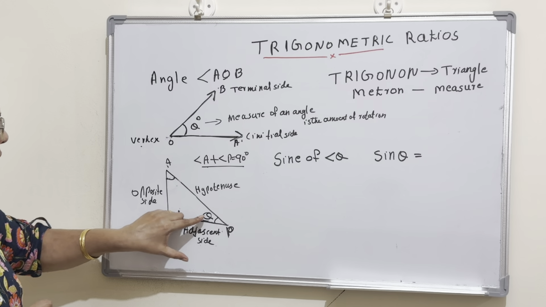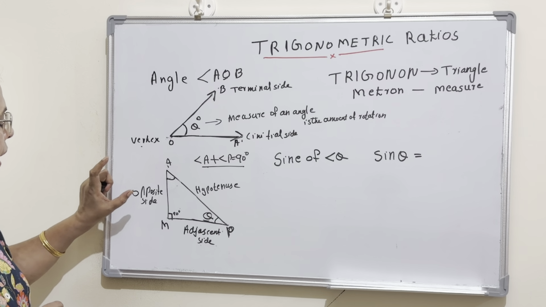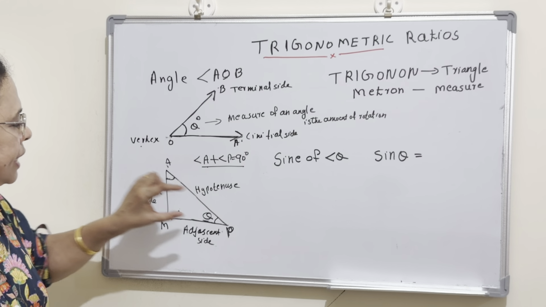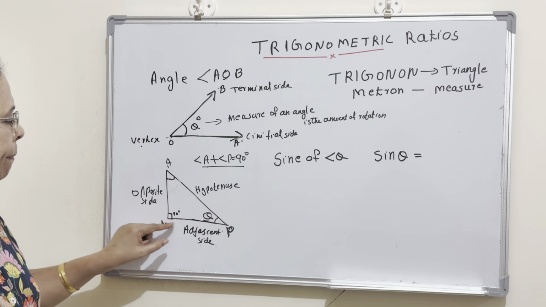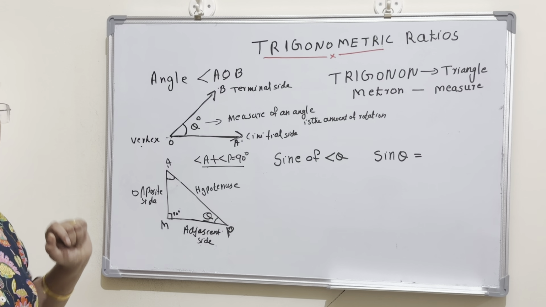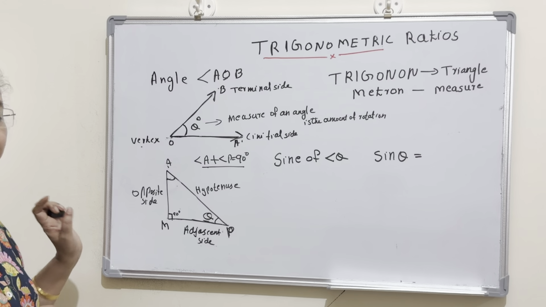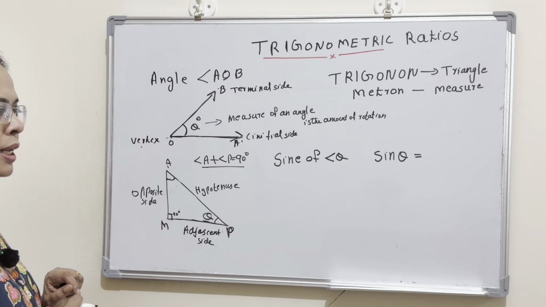The opposite side of this reference angle theta is the side not included to make this angle theta. I am using this MP. MP is used to make this angle theta. Again the hypotenuse I am using, but this side AM I am not using to make this. So, which side am I not using? That is called the opposite side.